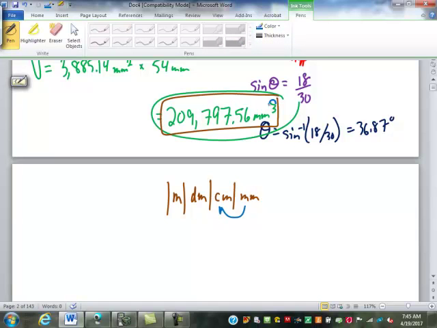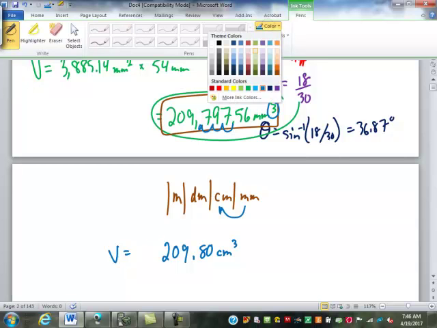But this is cubed, right? So you got to go 3 spots. 1, 2, 3. So it's actually 209.80 centimeters cubed. The 797 I rounded off to 0.80. So we got 209.80 centimeters cubed is our volume in cubic centimeters.